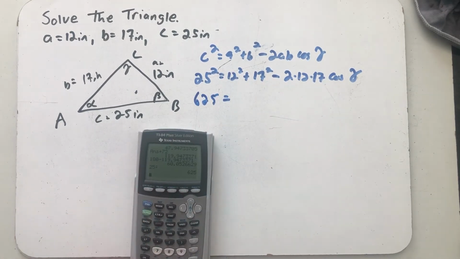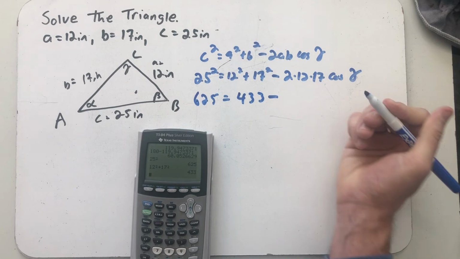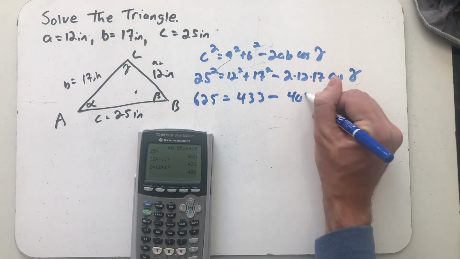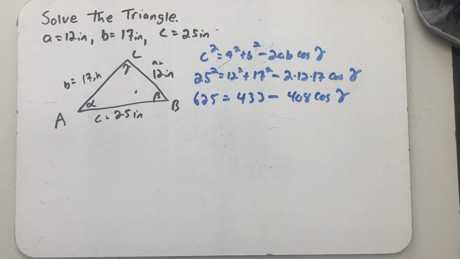And then I have 12 squared plus 17 squared, and that's 433, minus 2 times 12 times 17, that's 408, times the cosine of gamma. And what I have in here is just a regular old trigonometric equation to solve.